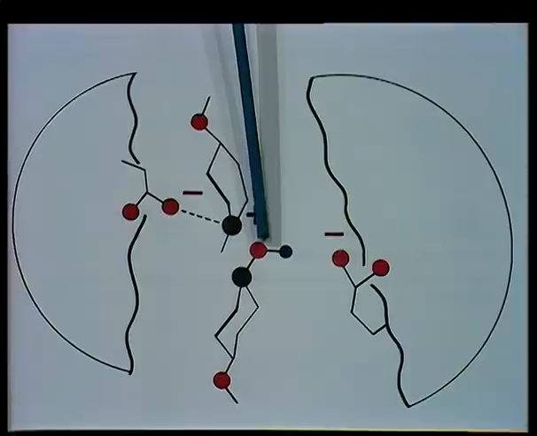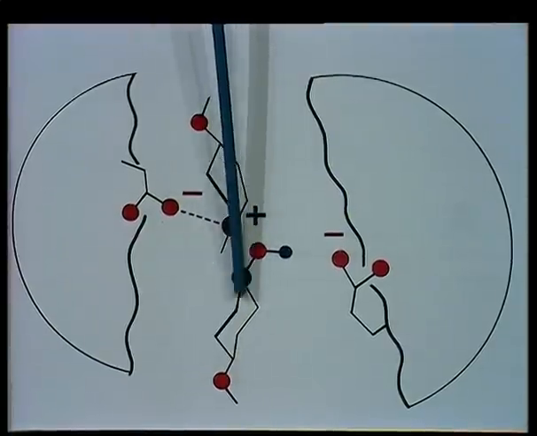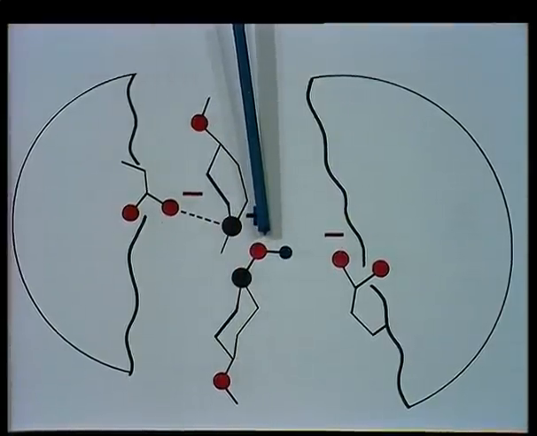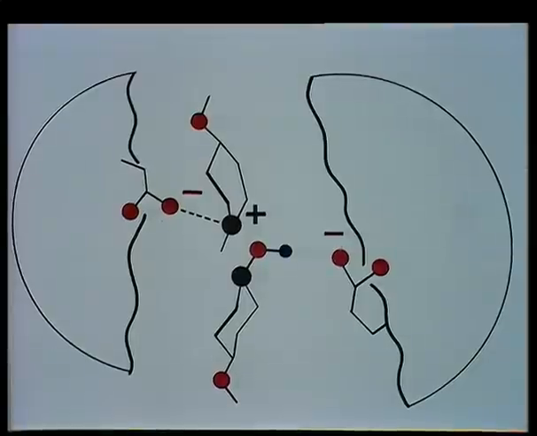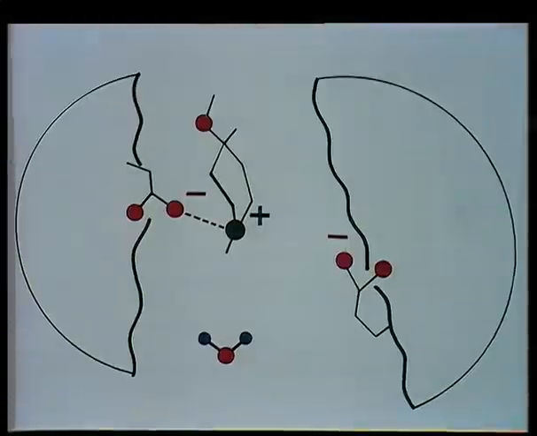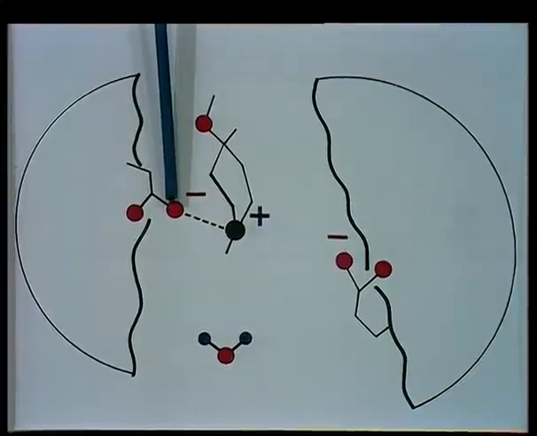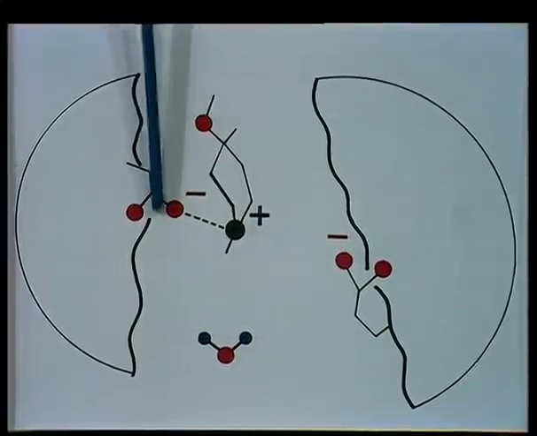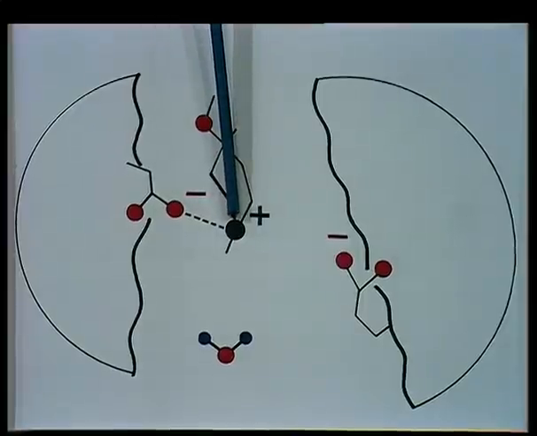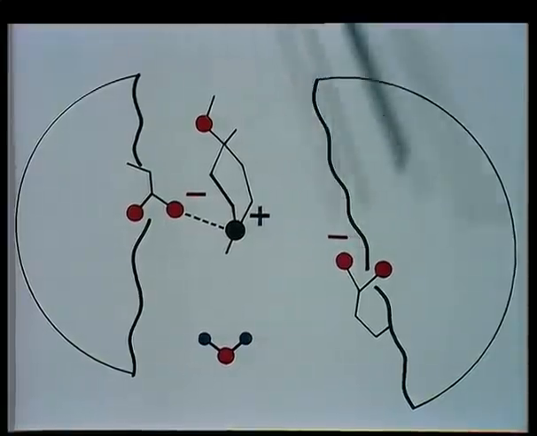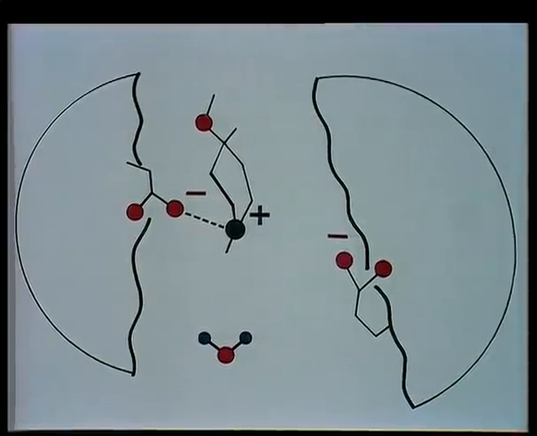Well, now this part of the sugar, of the bacterial wall at the bottom there, that's now quite stable, and it can fall off. So it does that. Off goes half of that, and we are left now with this structure, with the oxygen on this vinegar-like molecule here interacting with the carbon, which has got a positive charge. And this oxygen over here is now negatively charged.